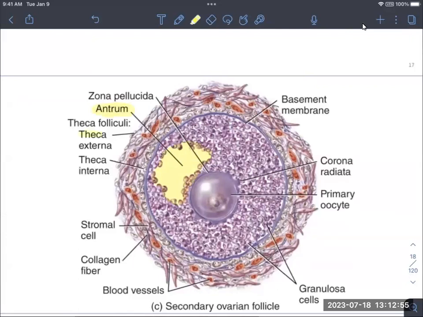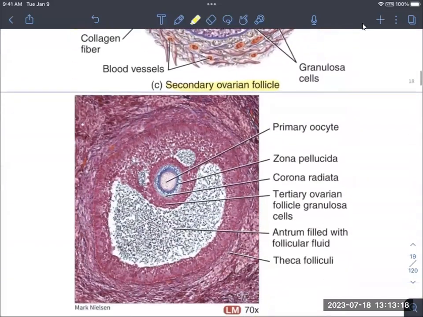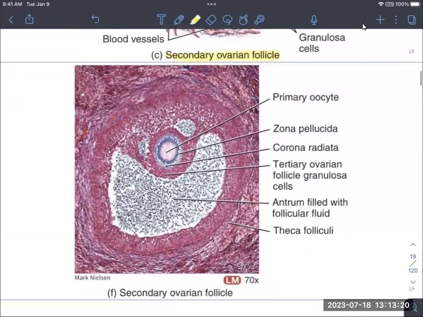We get that theca externa, that theca interna. We still see that zona pellucida, but now part of that has become that corona radiata. We still have that oocyte in the middle. This is known as a secondary ovarian follicle at this point. Here we can see it on a slide. You see this antrum, it's rather large.